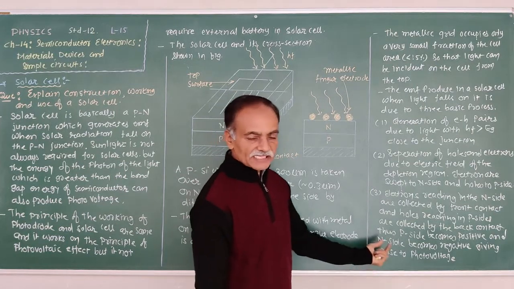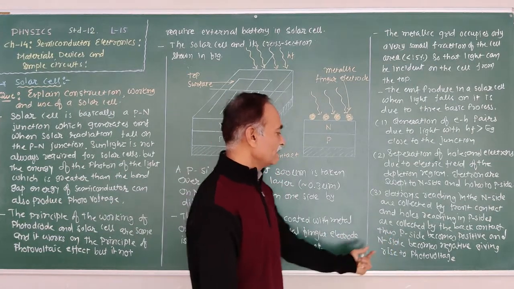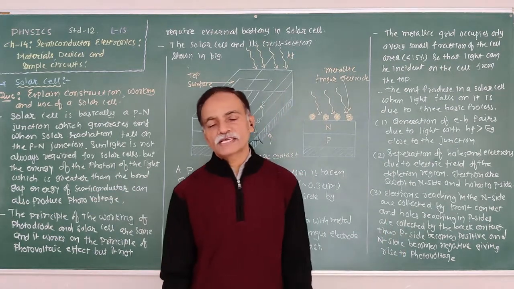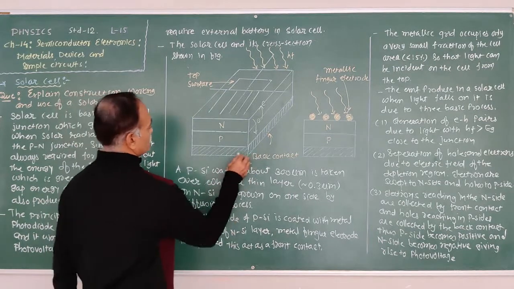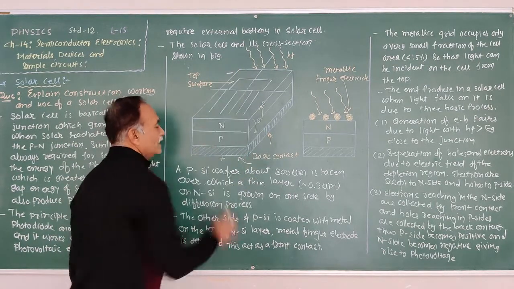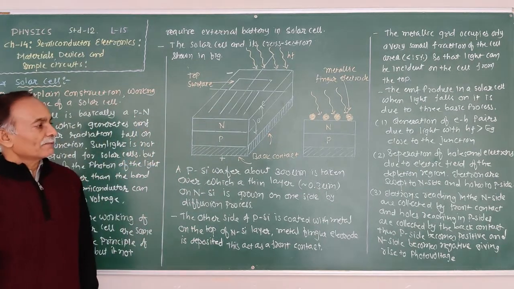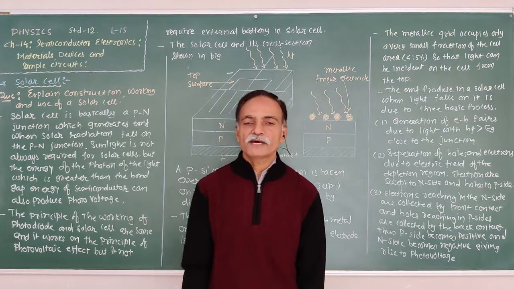Thus, the p side becomes positive and the n side becomes negative, giving rise to the photovoltaic effect. The p becomes positive and the front becomes negative, so the potential difference arises between the back and front contact.